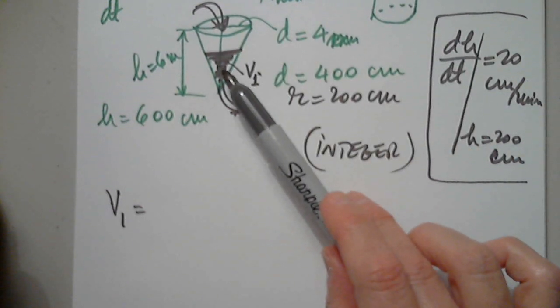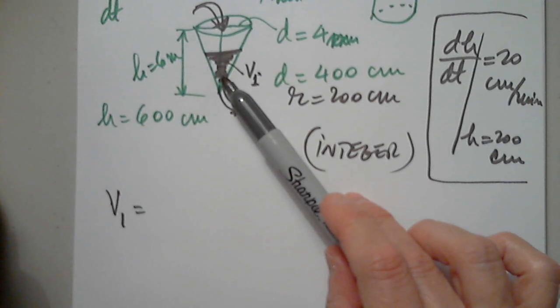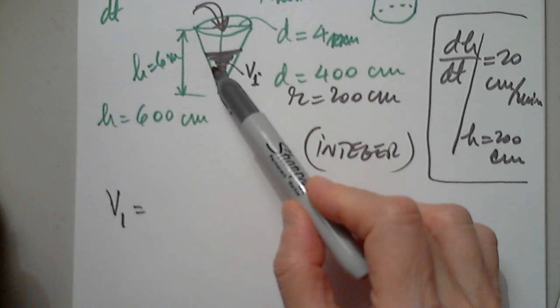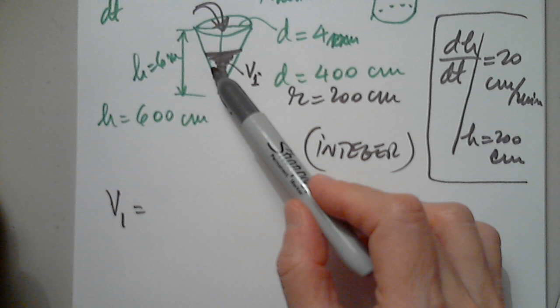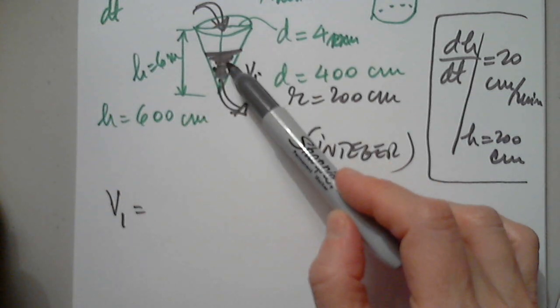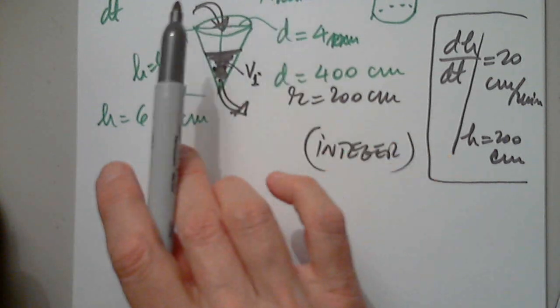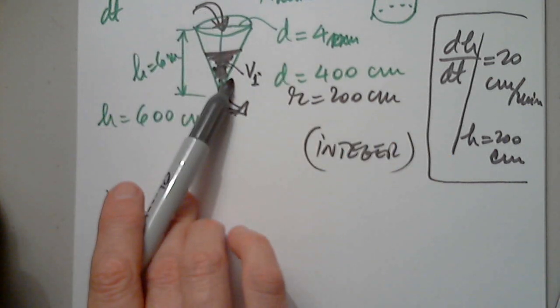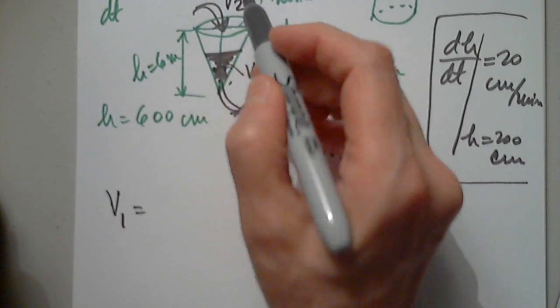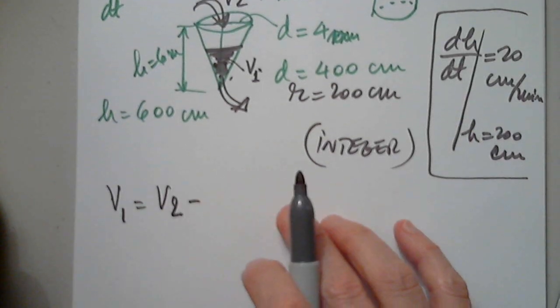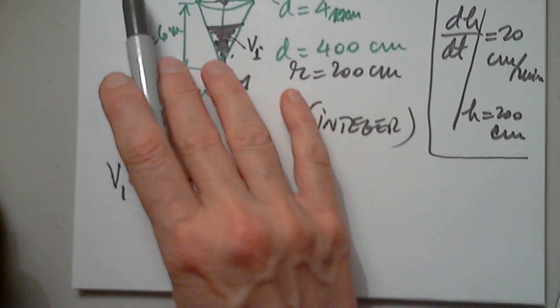At any particular instant, the volume in the tank is what is coming in minus what is coming out.